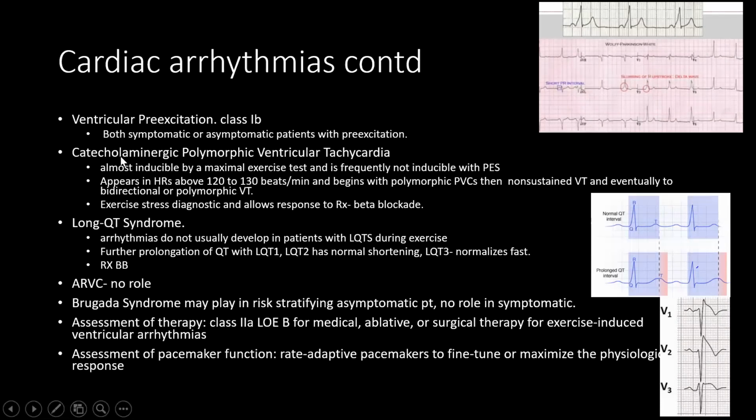Patients with catecholaminergic polymorphic ventricular tachycardia: it is almost always inducible by maximal exercise testing and is frequently not inducible with programmed electrical stimulation. In those cases, exercise treadmill testing can be performed, but those patients have to be observed by a physician when it is being done.